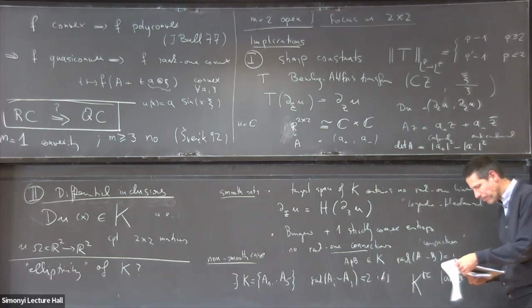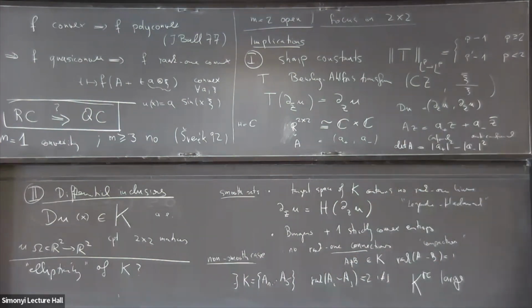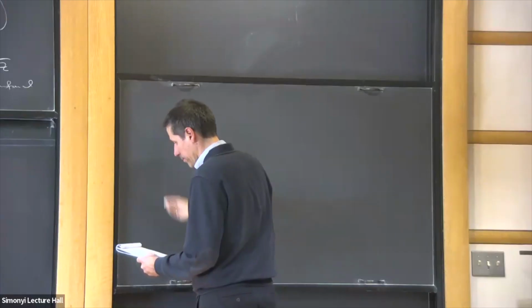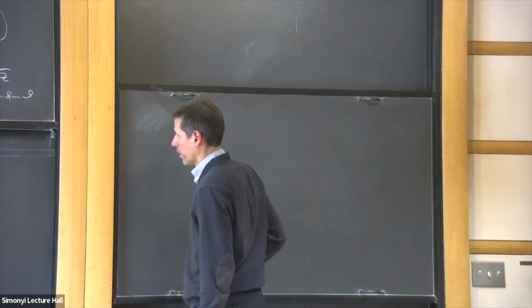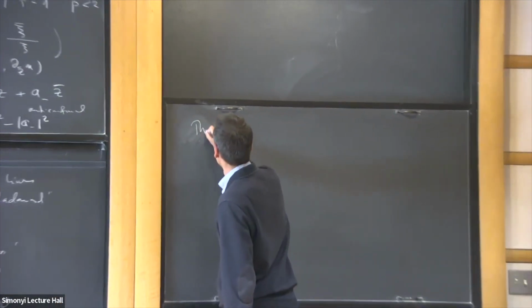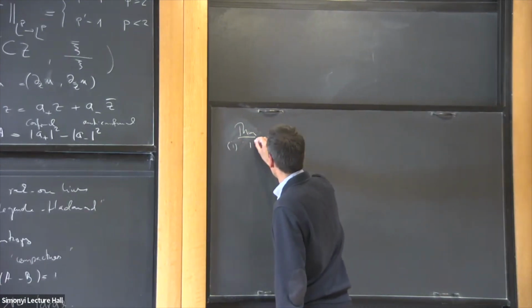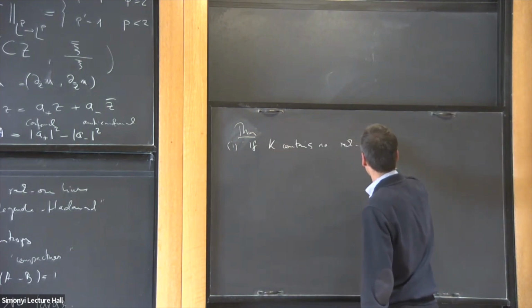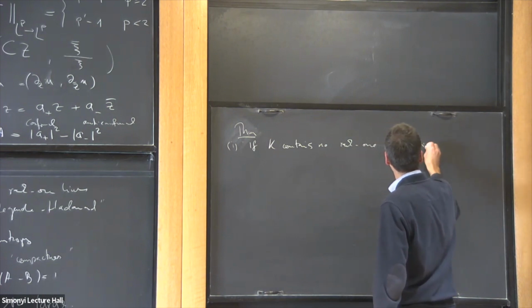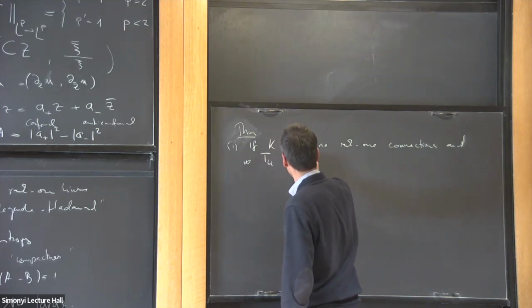Okay, so what we know about this non-smooth case is that, first statement, if K contains no rank one connections and no T4 configurations.